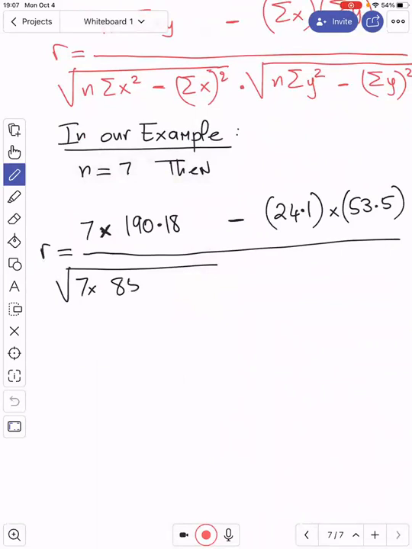So 7 times 85.75, minus, as you can see here, the square of the sum of the x's. The sum of the x's is 24.1, so minus 24.1 squared.